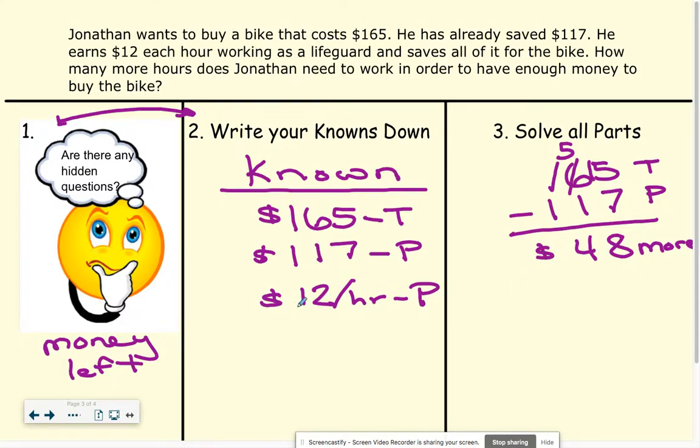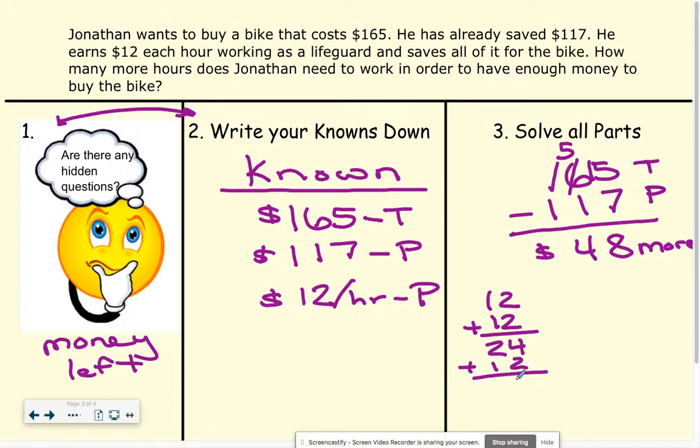So now, if he's making $12 an hour, the question you have to come up with is, how many of those hours is he going to have to work earning 12 at a time to get to 48? Well, there's a couple different ways you could solve this. You can just start repeated addition of 12 to find out how many of these it's going to take in order for you to get to 48.